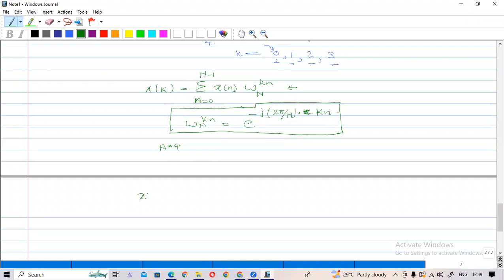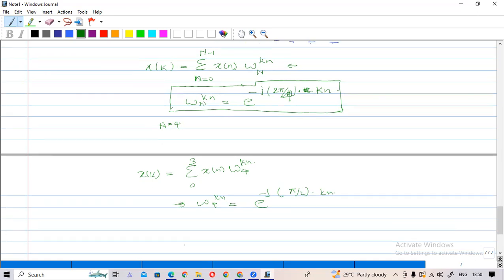So we have to find X[k] as sigma n from 0 to 3 of x[n] W_4^{kn}. Here this N should be 4, so it will be 2 pi by 4, so W_4^{kn} is equal to e to the power minus j 2 pi by 4 kn. So this is W_4.